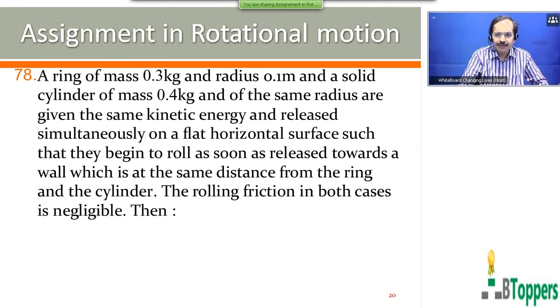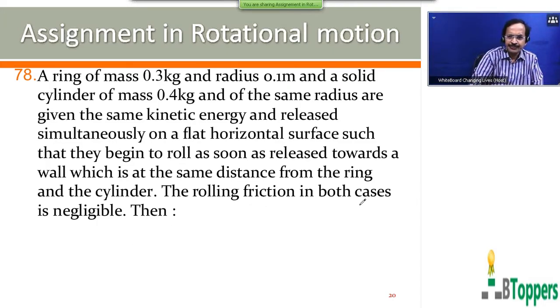Then you see question number 78. A ring of mass 0.3 kg and radius 0.1 meter and a solid cylinder of mass 0.4 kg and of the same radius R are given the same kinetic energy and released simultaneously on a flat horizontal surface, such that they begin to roll as soon as released towards a wall which is at the same distance from the ring and cylinder. The rolling friction in both cases is negligible. You have to compare the translational speeds of their centers of mass.